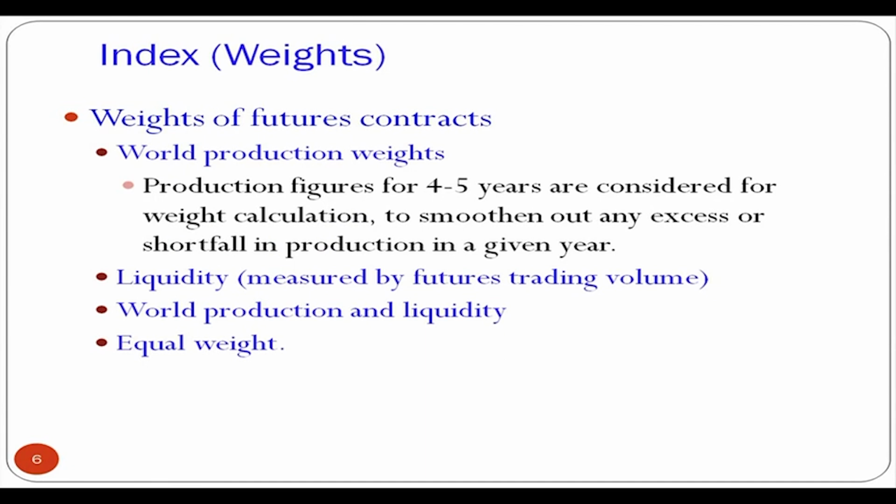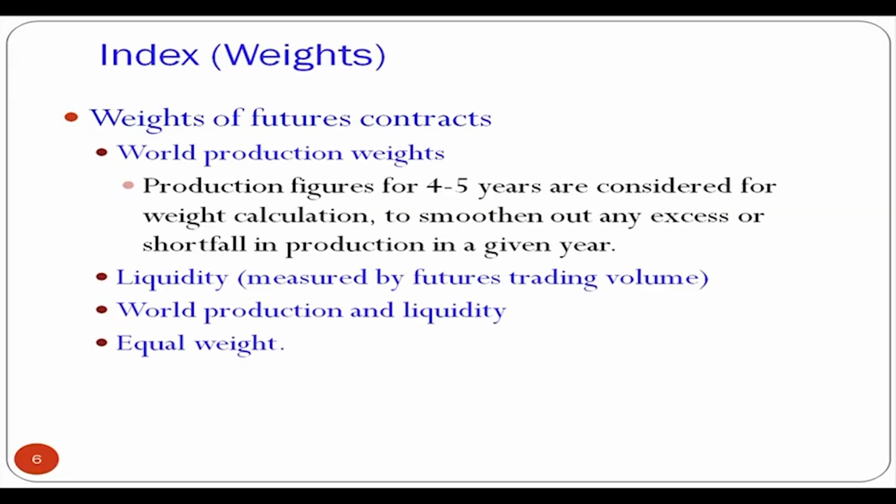Going to the selection of commodities, it is normally based on the liquidity of the contracts traded at a given exchange or a set of exchanges. So it depends upon the index advisory committee. As I mentioned, the S&P Goldman Sachs Commodity Index only considers commodity futures which are traded at CME.